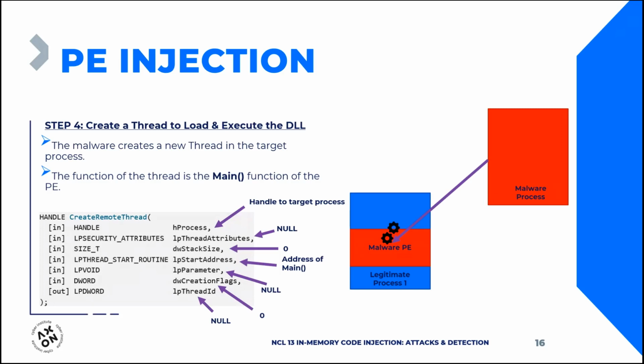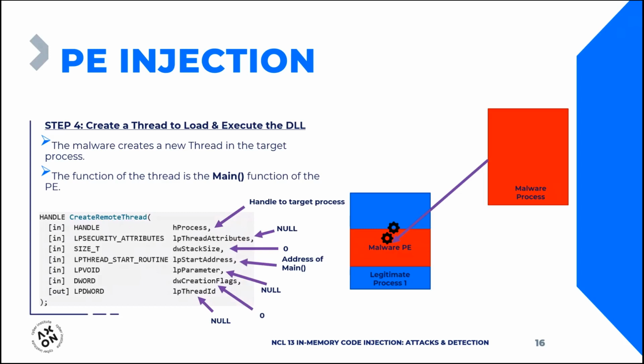So I call CreateRemoteThread, and first of all I give it the handle to the target process, the hProcess. And the start address: if you remember, in the classic DLL injection the start address was the address of LoadLibrary, the main function I executed in that thread, and LoadLibrary loaded my DLL.